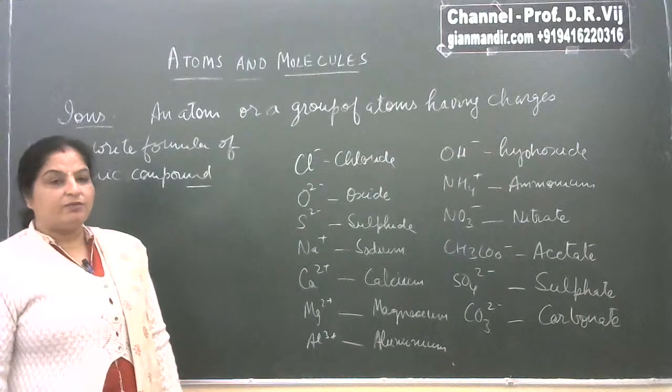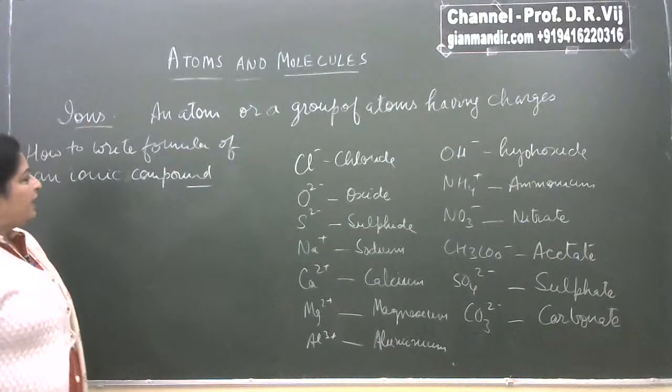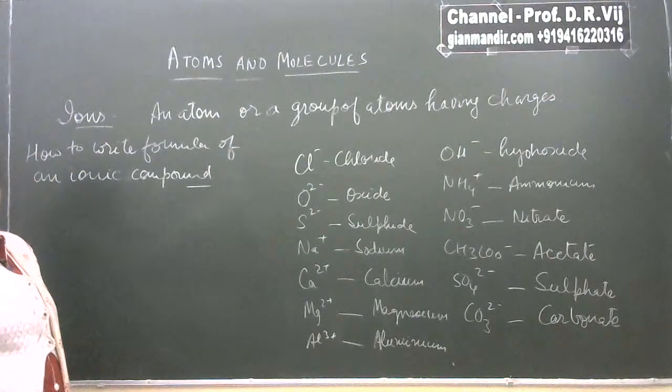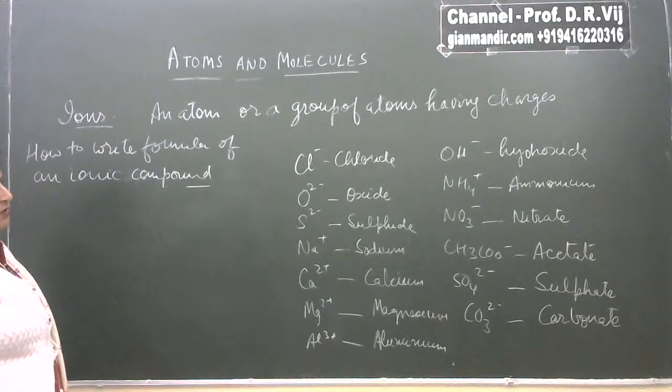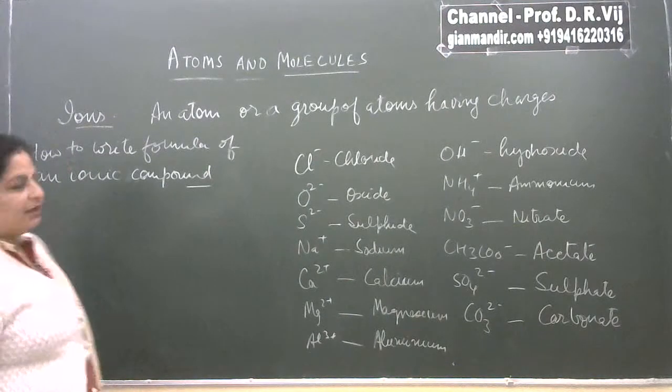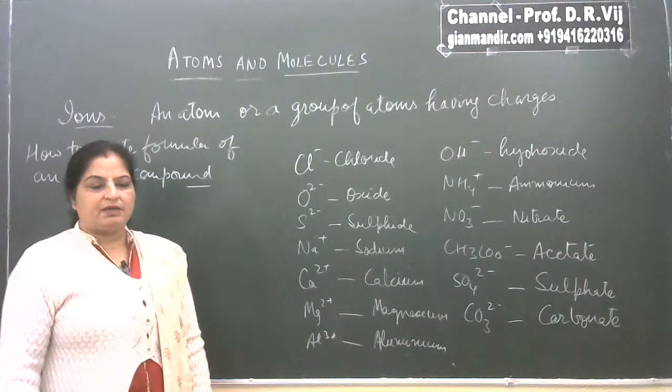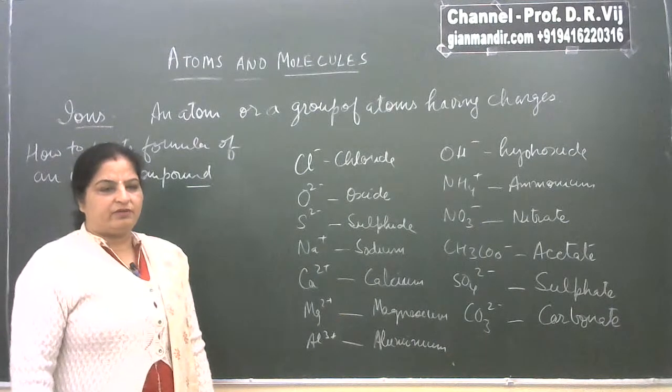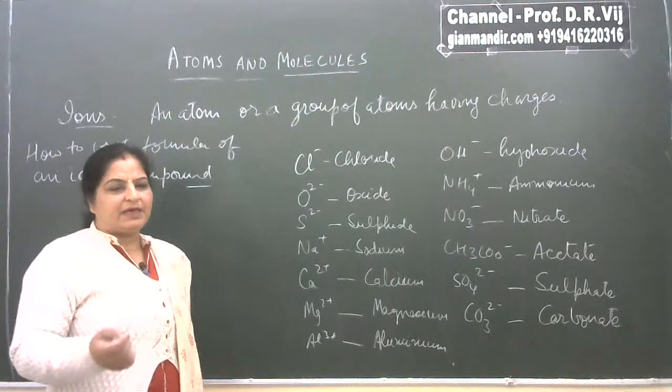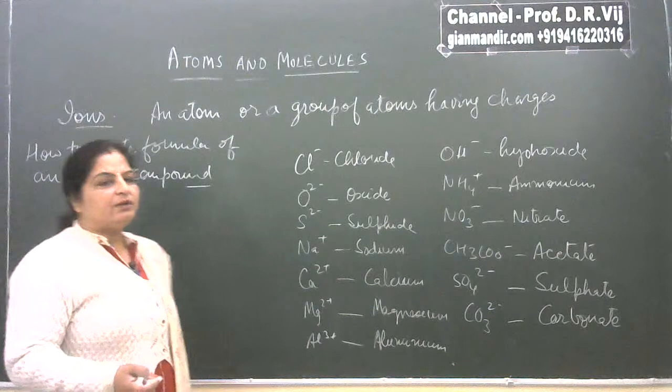Everything you must know. And while writing the formula, normally the cation or the positive part is written first, followed by the anion or negative part.